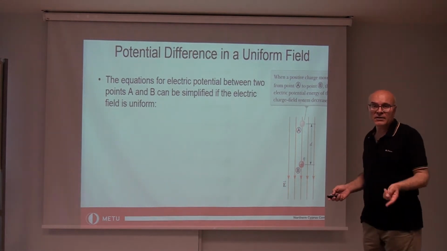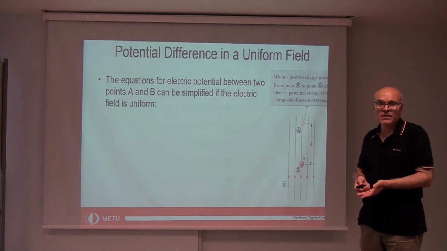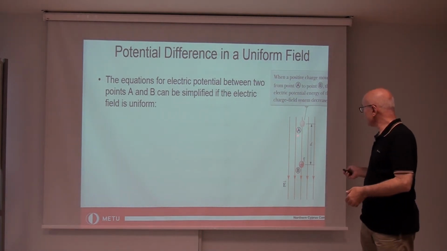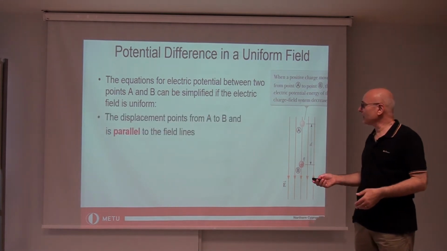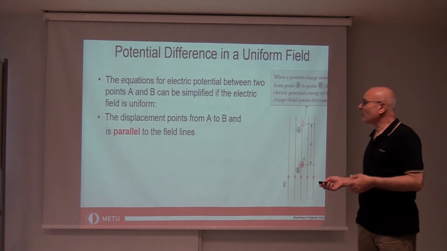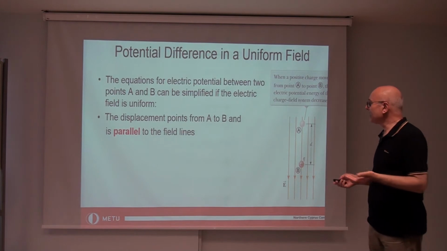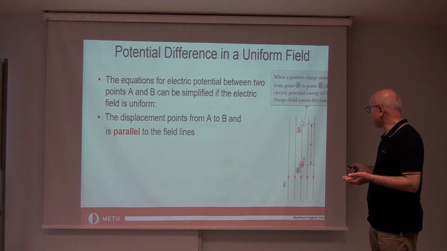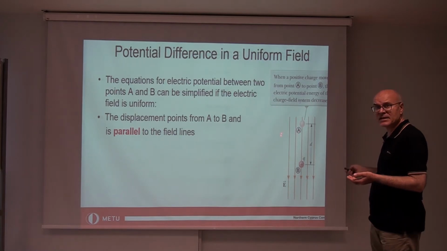Well, calculating this is an integral, okay? Minus integral from A to B, E dot ds, choosing a path as you go from here to here. Now, let me take a displacement from A to B so that this path is parallel to the electric field lines in this case.